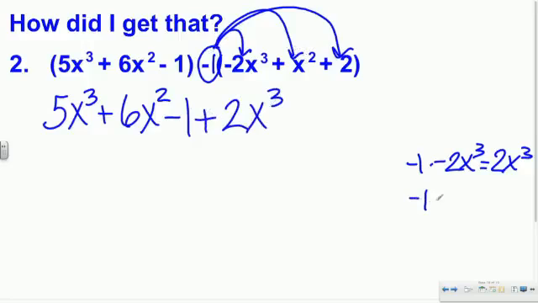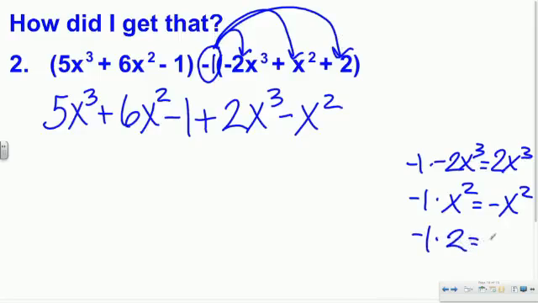So negative 1 times x squared, that's a negative x squared. Alrighty, so minus x squared for that bit. All right, and then I have a negative 1 times this positive 2. So negative 1 times 2, and that's negative 2. Okay, so come up here, I've got my minus 2.